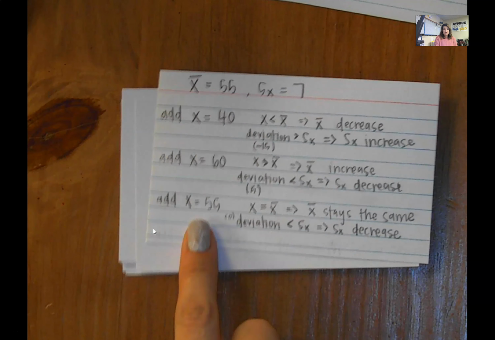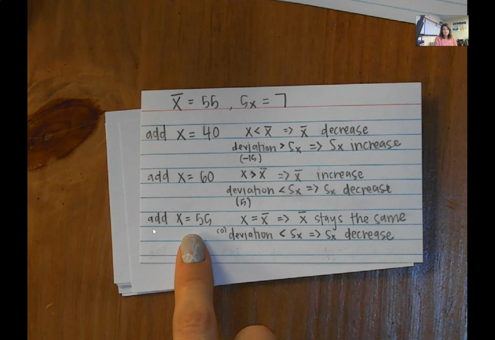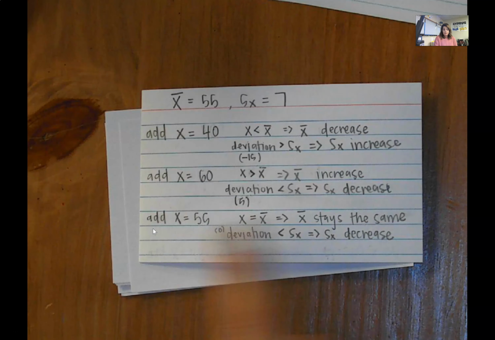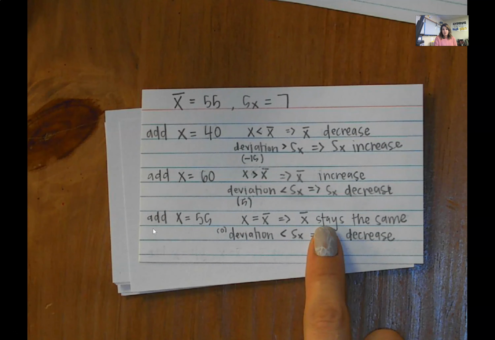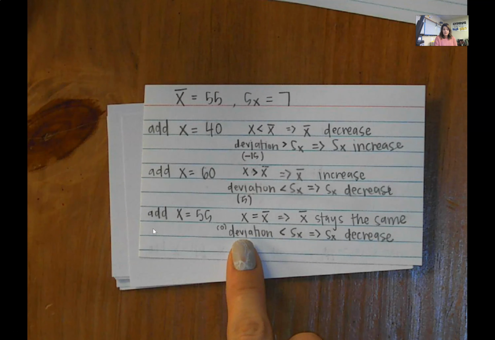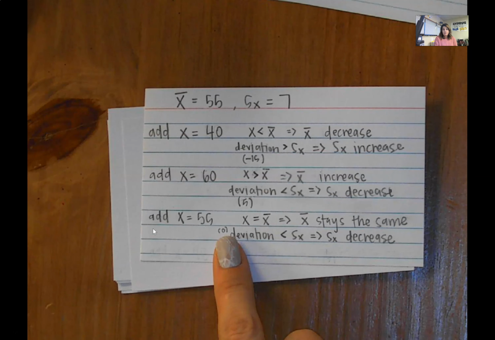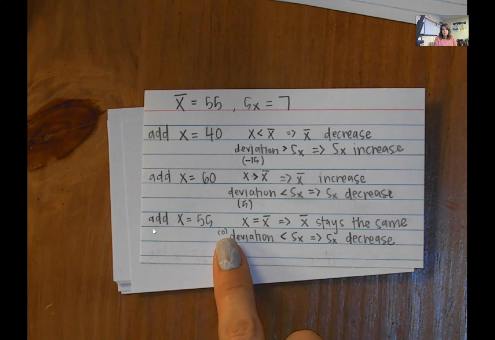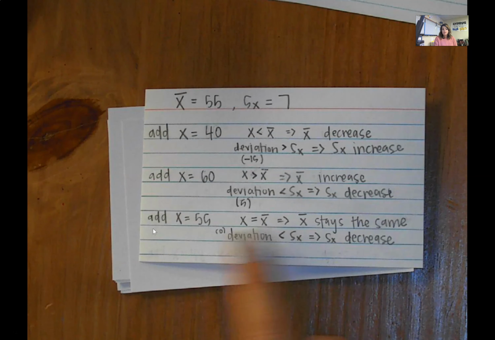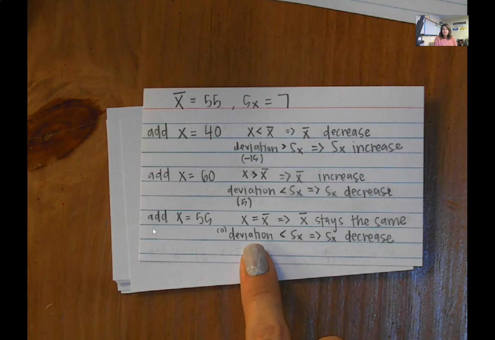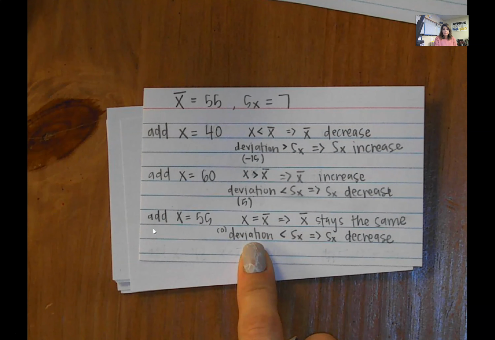And then lastly, what if you add a value that's exactly the mean? Well, X bar is going to stay the same. If you add the average value to the data set, then your average, your X bar, doesn't change. You've got to be careful on your deviation though, because deviation now is 0. 55 is the mean, so there is no distance from the mean, which means that it is smaller than the standard.